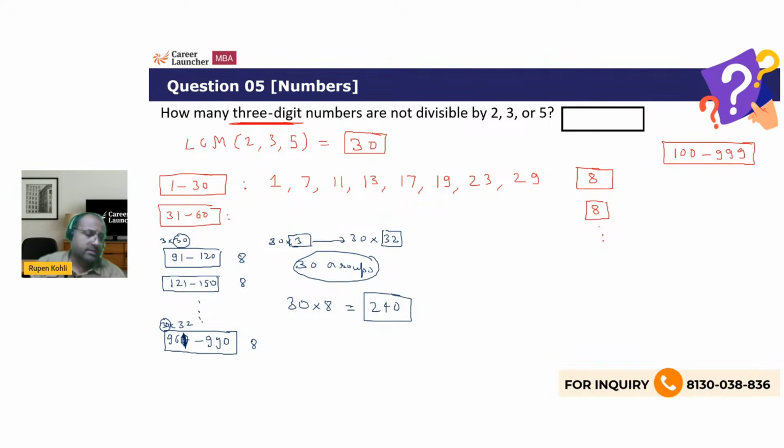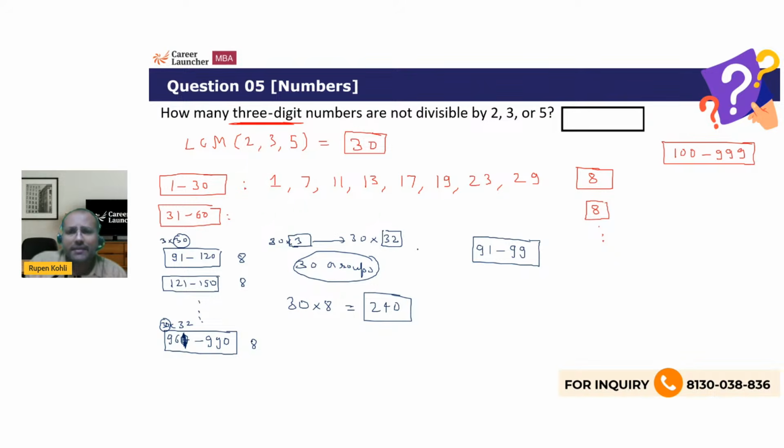Now comes our adjustment. We have to exclude the numbers in the range of 91 to 99 which are satisfying this condition, which we have taken by mistake, to adjust our range. The actual range is 100 to 999.